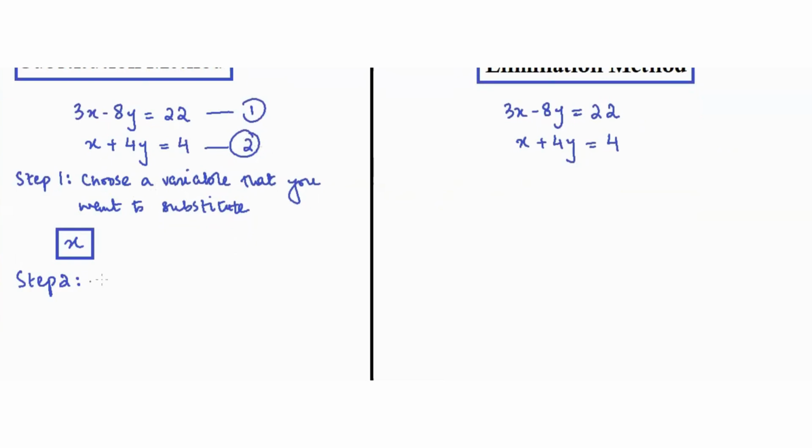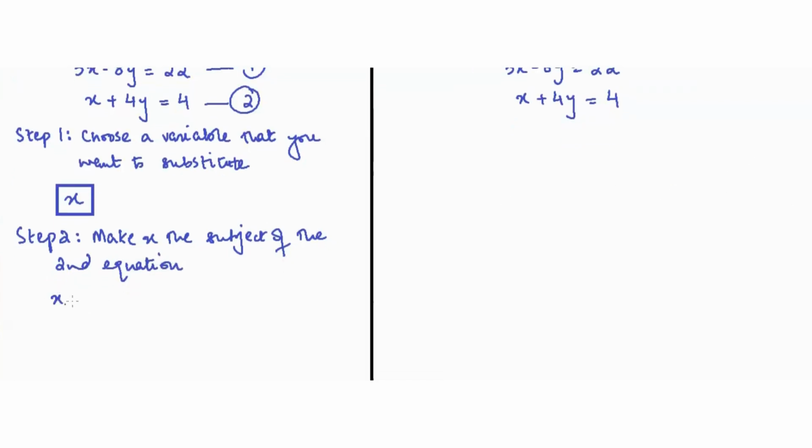So I'm going to choose the second equation and make x the subject of the second equation, which means we usually have x plus 4y equals 4 as the second equation, and I will make x the subject, so it becomes x equals 4 minus 4y. This is our second step.